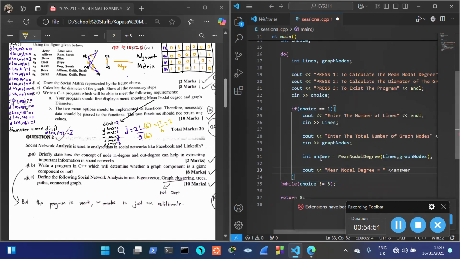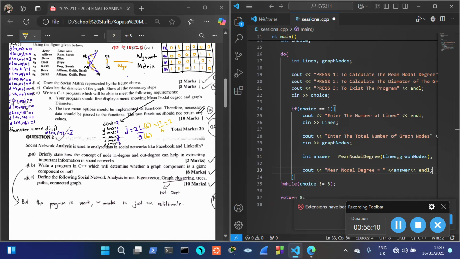Once we do that, we end the line. It means the first part of the question, where we implement the function, we are done with the mean nodal degree.